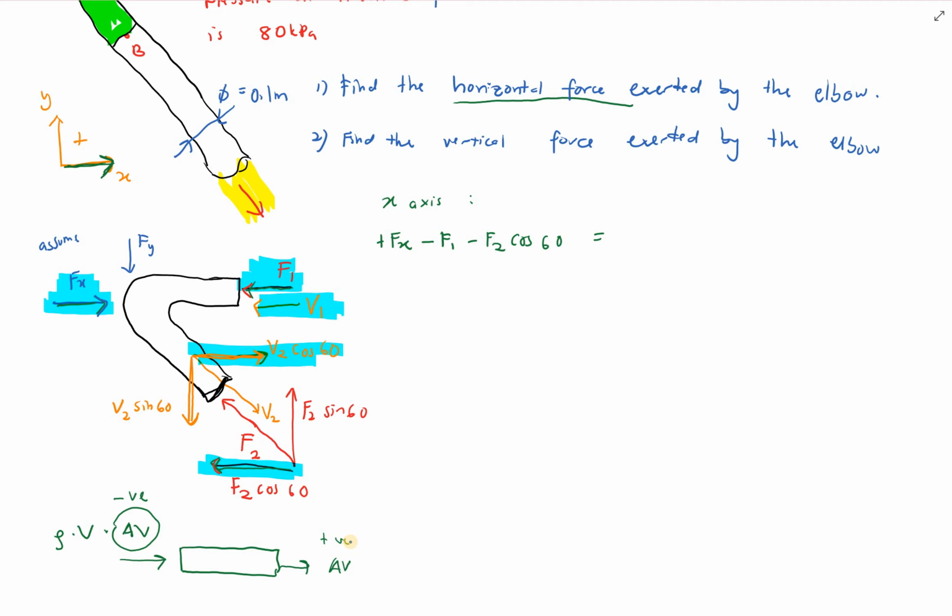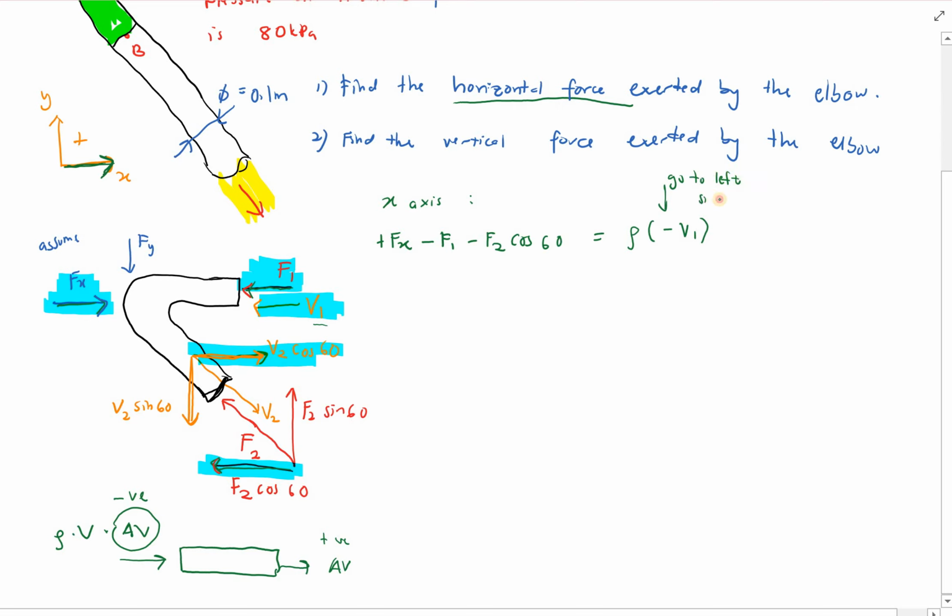So in this case, we look into V1 first here. Okay, V1 is going to your left hand side. So you will have rho maintained without any sign, and then V is going to your left hand side, so negative V1 because it goes to the left side.